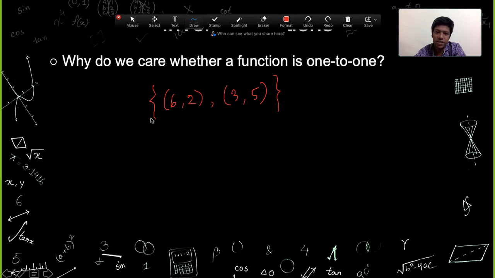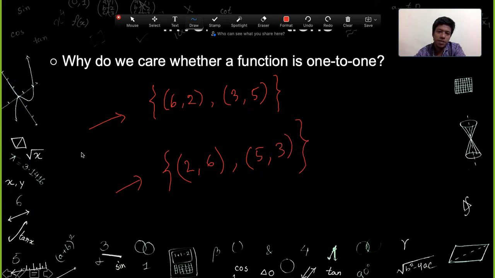Let's say this is a function. The inverse of this function will be, this is not hard, super easy: 6 is first, 2 is the second value here. They will swap. The x value will become the y value, so it will become 2 comma 6. That's it. This is 3 comma 5, so it will become 5 comma 3.